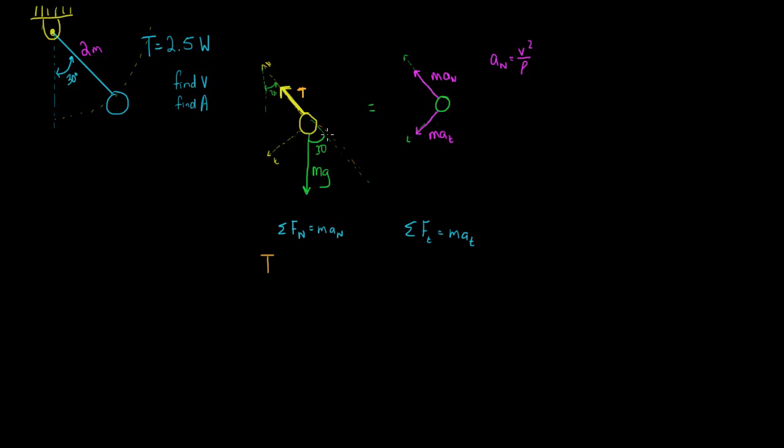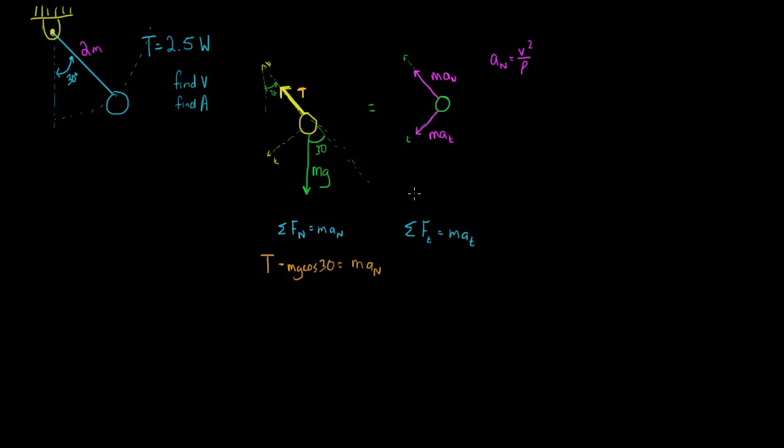What will this be? This will be its cosine. This right here is going to be the cosine of mg. So minus mg times the cosine of 30, and this is equal to its mass times its acceleration in the normal direction. We'll leave it at that right now.